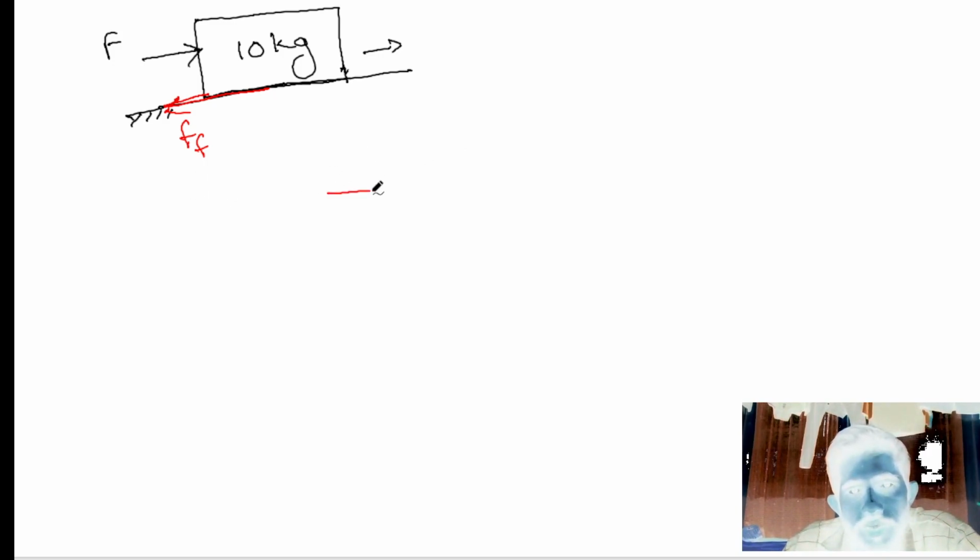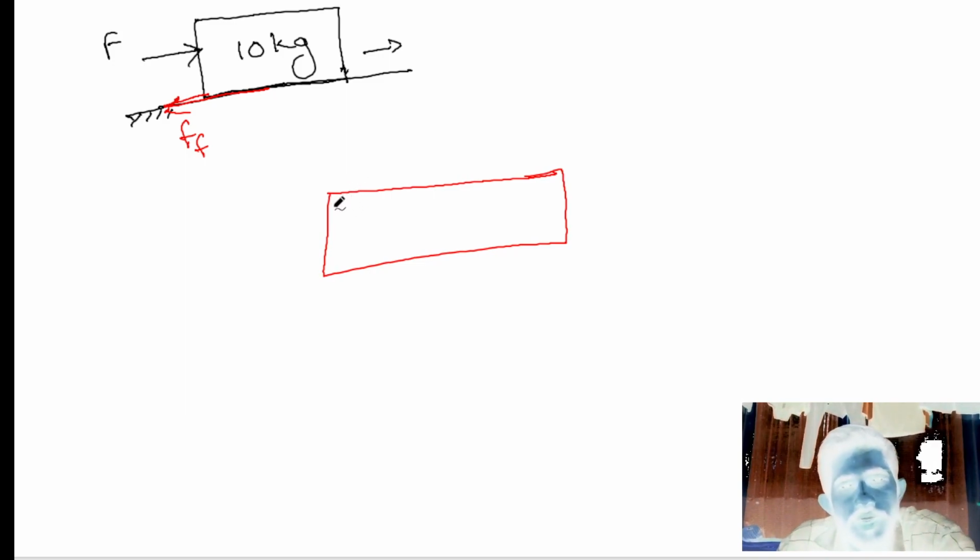For example, this is the surface we are observing, and it looks smooth. But when we observe at microscopic level, there will be tuberances like this.